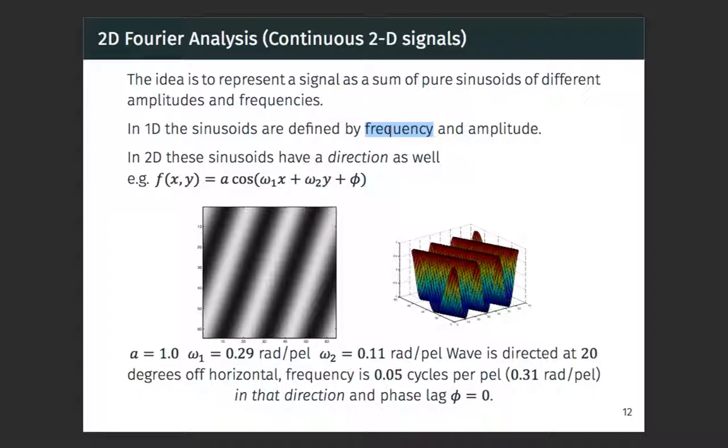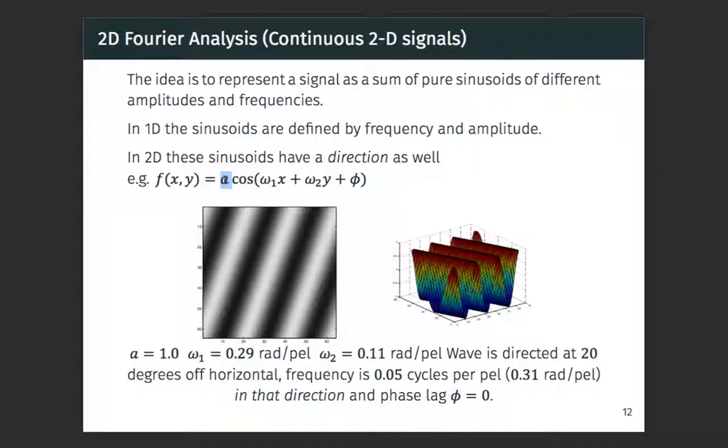But in 2D, obviously, you actually have two frequencies. So you have the frequency in x and y on the two axes, omega 1 and omega 2.